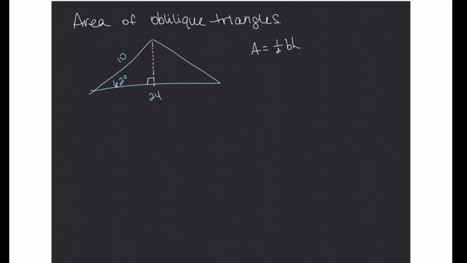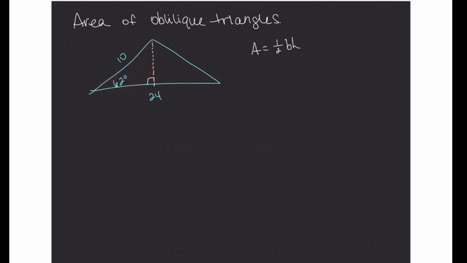We know trig, and sine, cosine, and tangent have a lot to do with 90-degree triangles. So we could use trig to figure out this height. From this angle, this is the opposite and this is the hypotenuse, and opposite over hypotenuse is the sine.